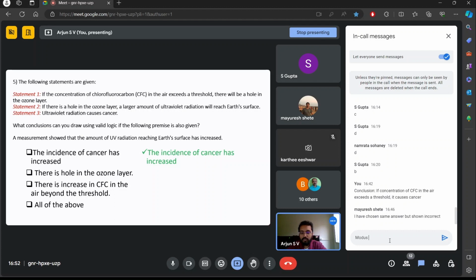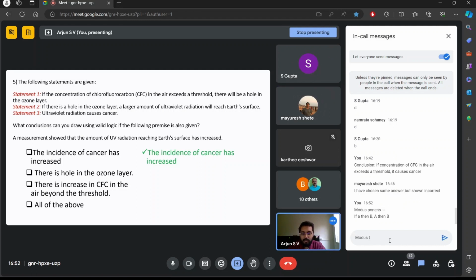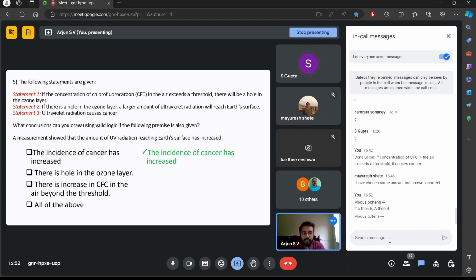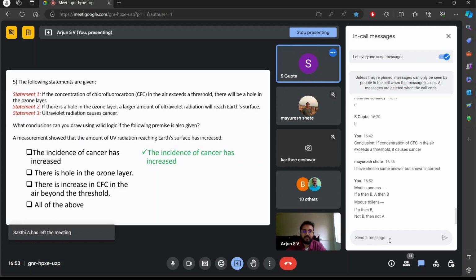Modus ponens is: A, if A then B, therefore B. This is modus ponens. Modus tollens: if A then B, not B, then not A. This is modus tollens.